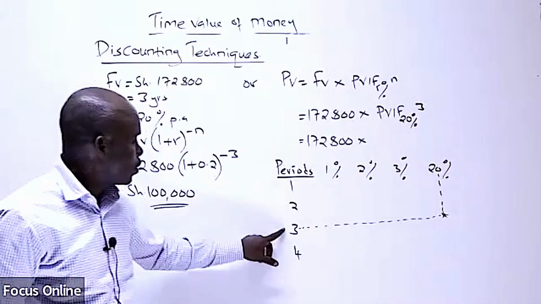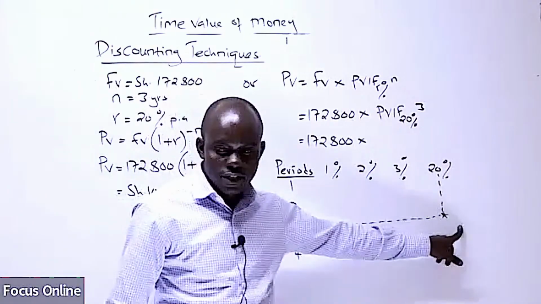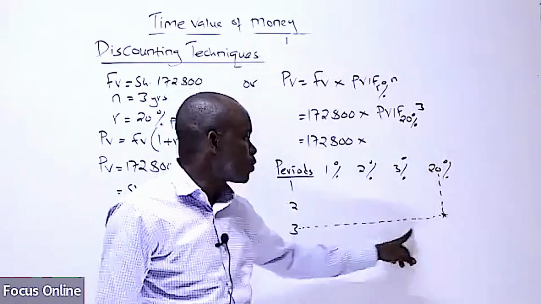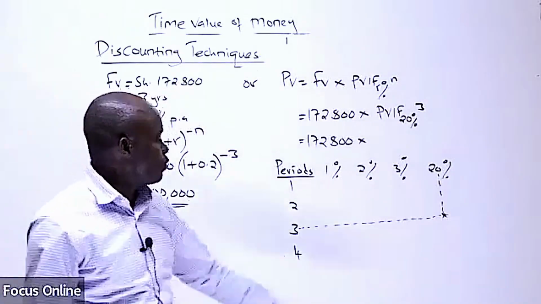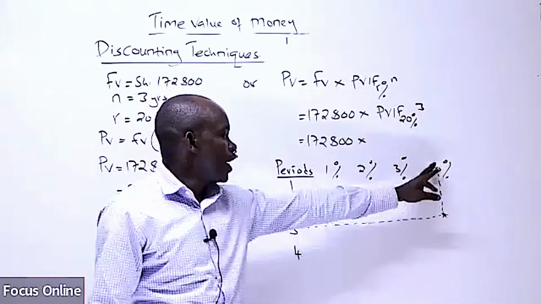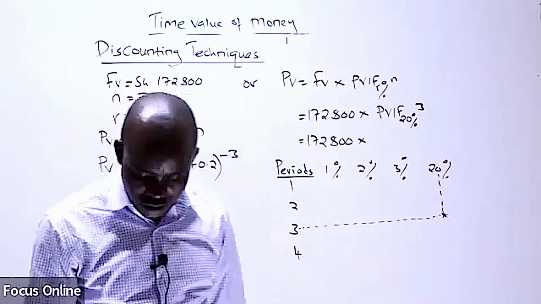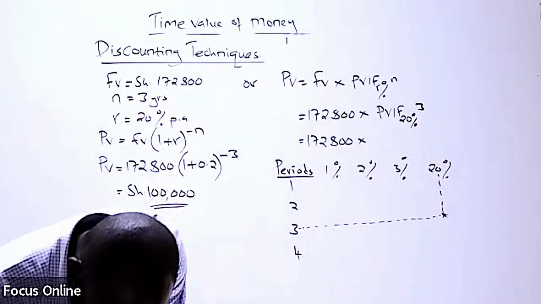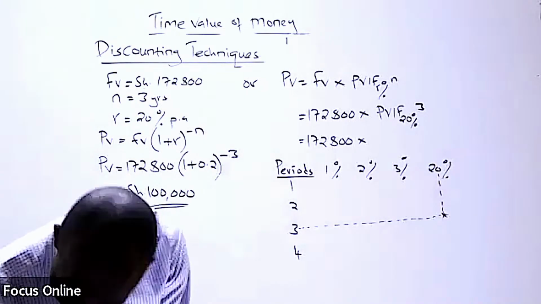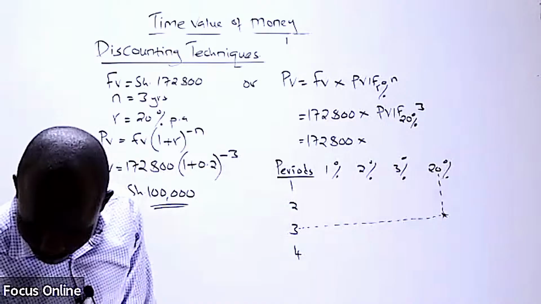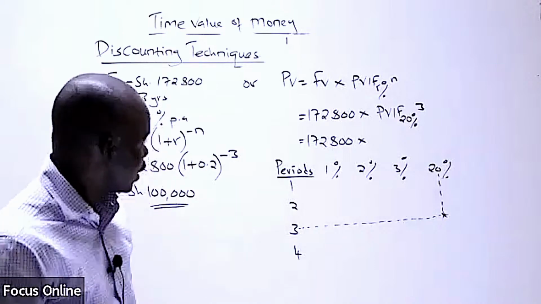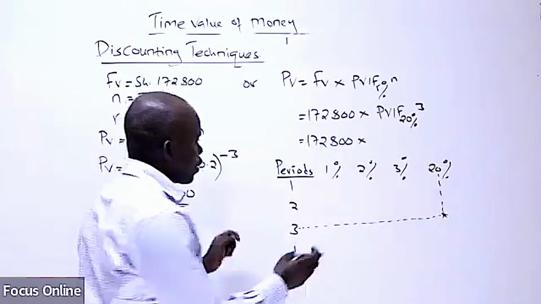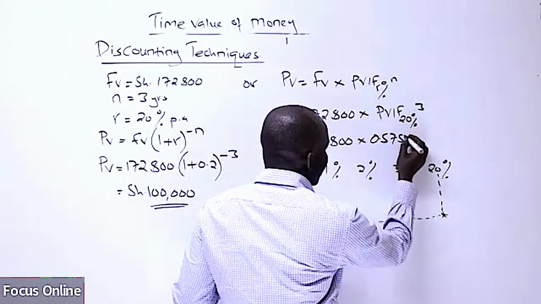You go to the period, then go to the percentage, or you go to the percentage and drop down to the period required in the question. Read the factor at 20%, period 3. You're getting 0.5787.